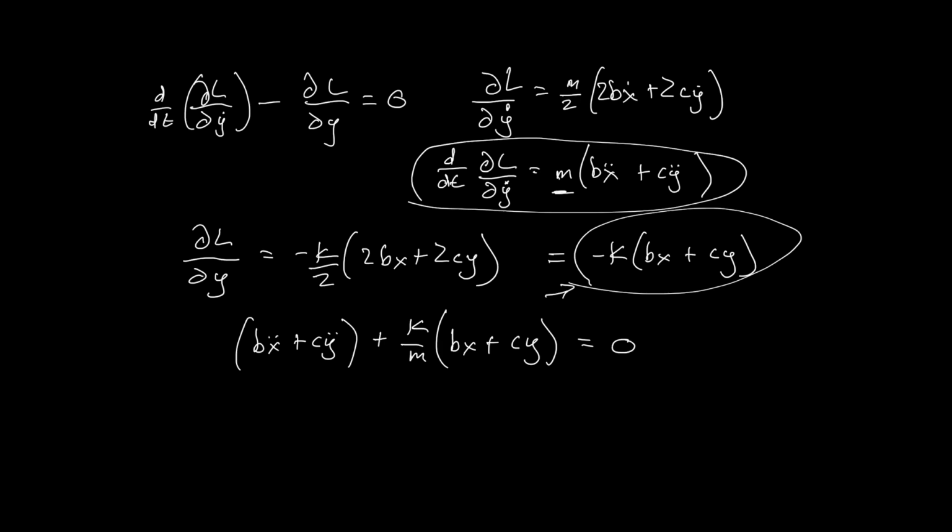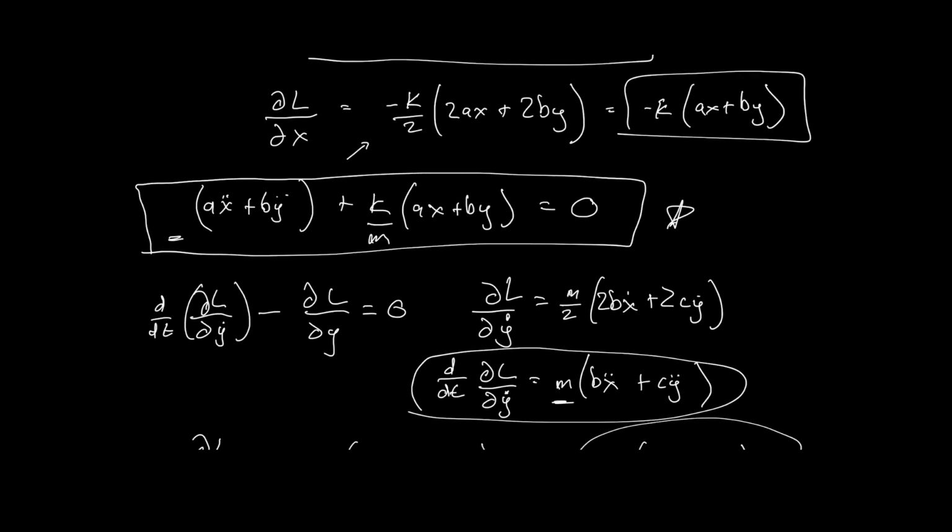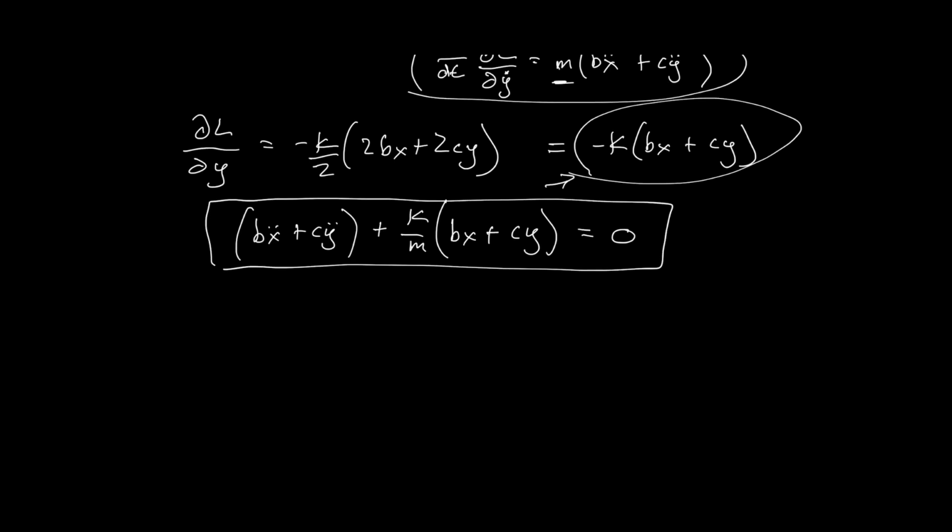And this is our second equation of motion. So now we have our two equations of motion, and that's it. They look very familiar, there are just some extra terms.